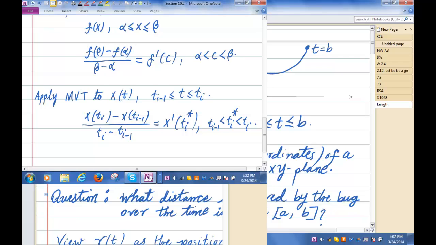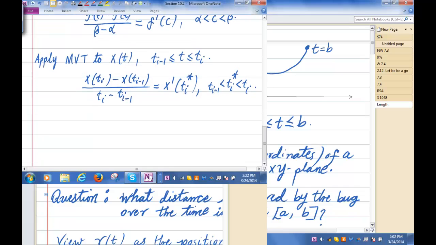What I'm going to do now is rewrite this by saying x of t i minus x of t i minus 1 is equal to x prime of t i star multiplied by t i minus t i minus 1.